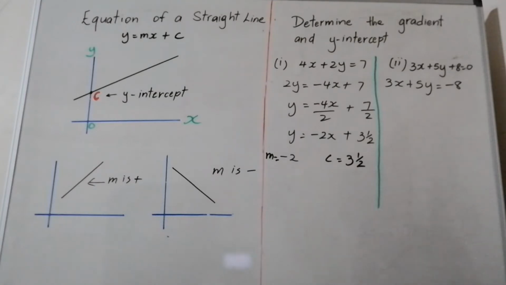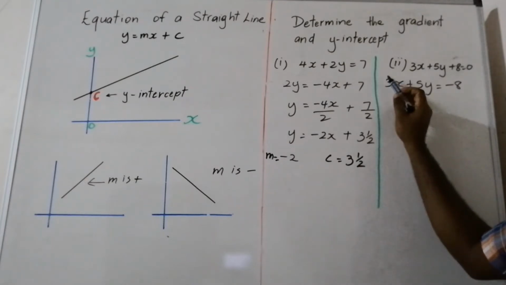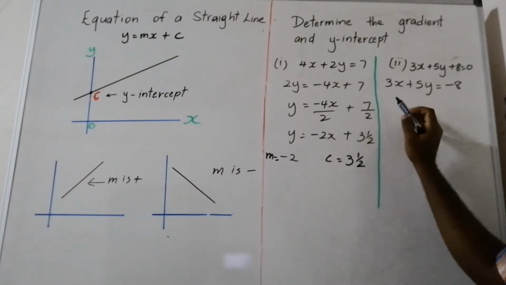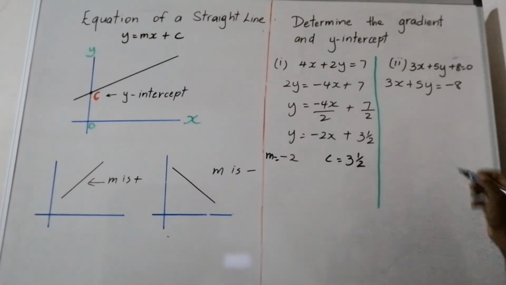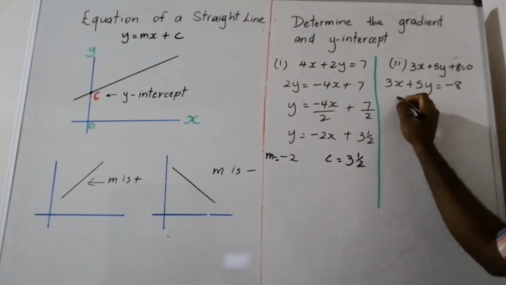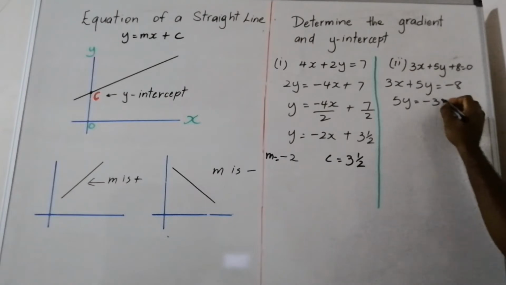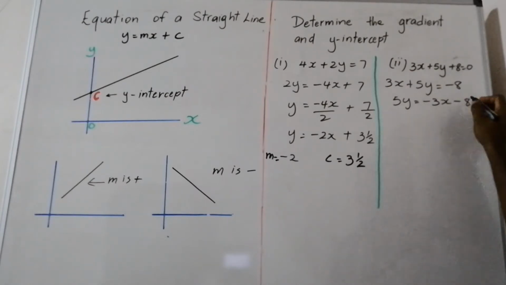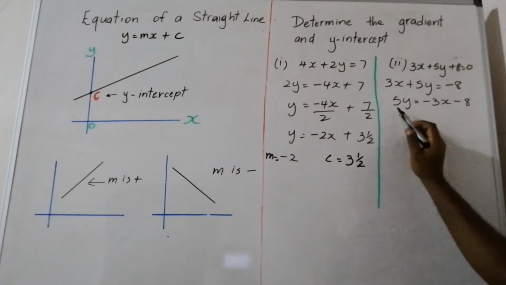The next step, we will take the 3x over. The 3x here is positive, so when it goes over, it is the inverse, and the inverse of positive is negative. So 5y is equal to minus 3x take 8. And next, we will have to take over our 5.